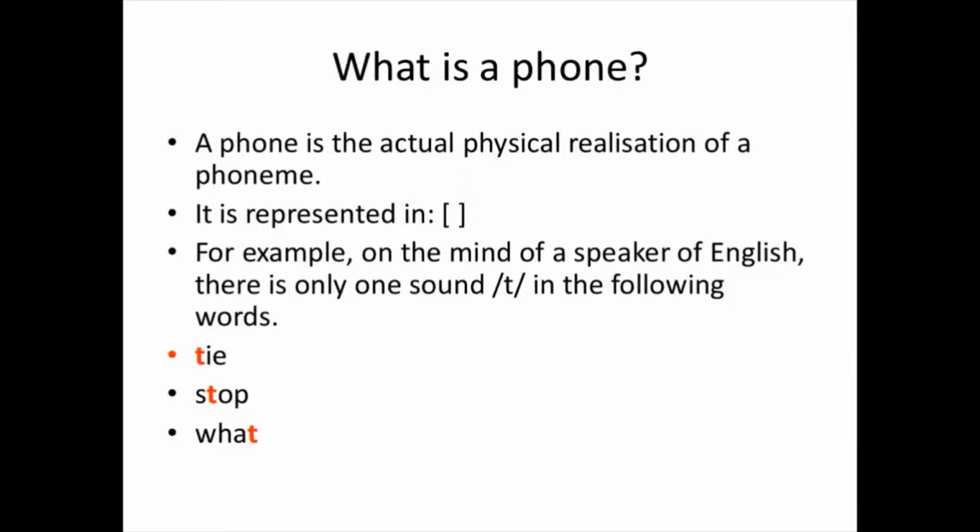Stop, t as the second consonant, and what, the last consonant of the word. So in our mind, there is one and the same sound there. But in reality, when we speak or pronounce these words, this consonant t can be realized in 3 different ways by English speakers. So now let's look at how they can be realized.